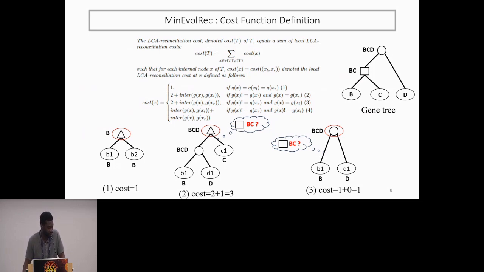And in the third example, if x is a duplication or a speciation event, then we just count the gene losses.